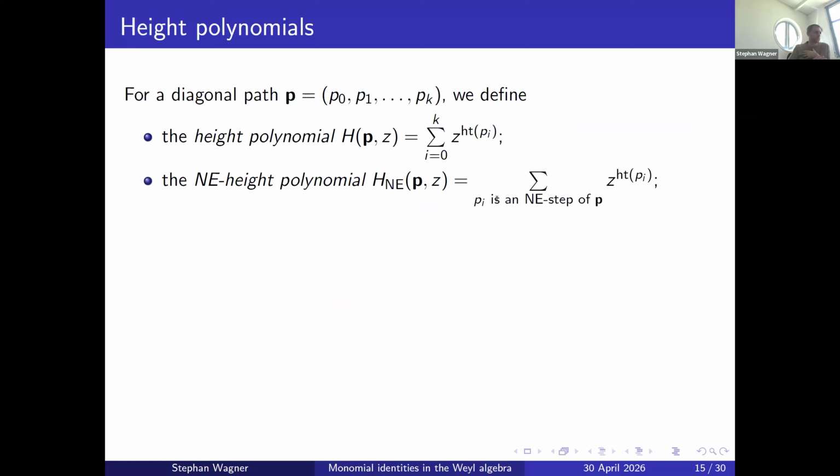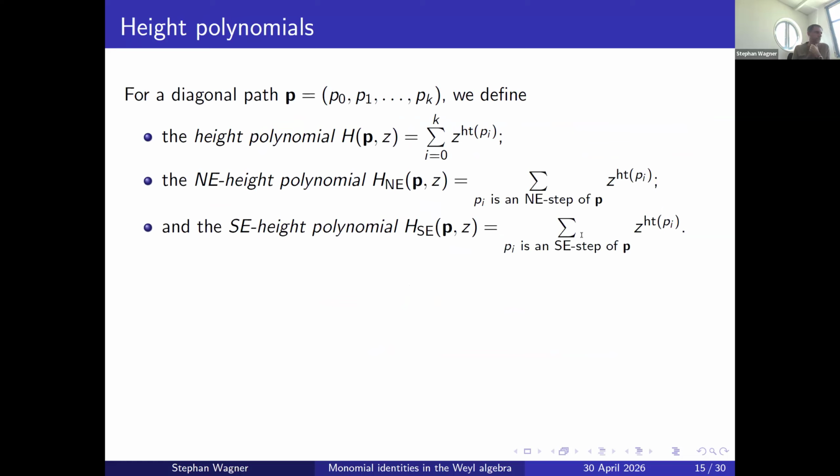And two subvariants of this are the northeast height polynomial, where I only take the northeast steps and record their heights as exponents in my polynomial, and the southeast height polynomial, where I do the same with the southeast steps. So for every lattice point on my path, I take the height, make this the exponent in a monomial, and then I just add all these.